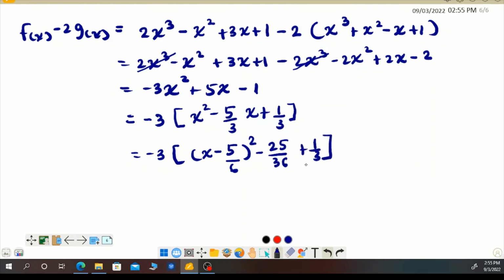So I can take the common denominator as 36 and multiply the whole expression by minus 3. So my final answer is minus 3 x minus 5 divided by 6 squared, and so on, plus 25 divided by 12 minus 1. Am I correct? Yes, minus 1.